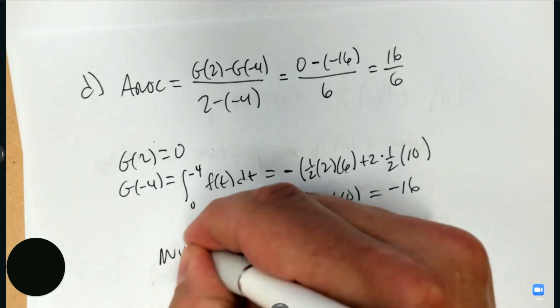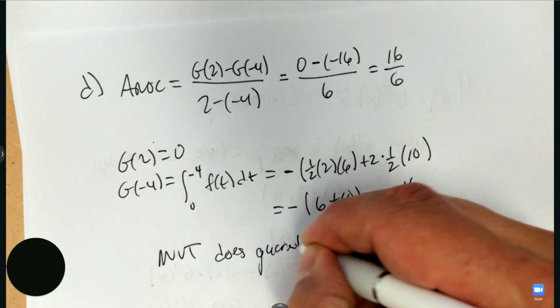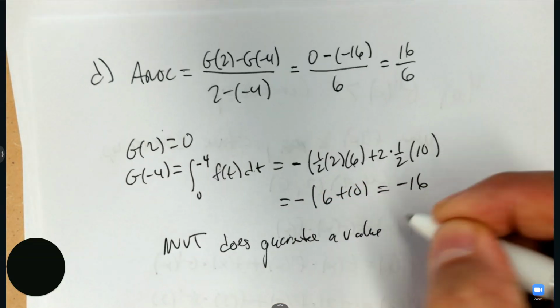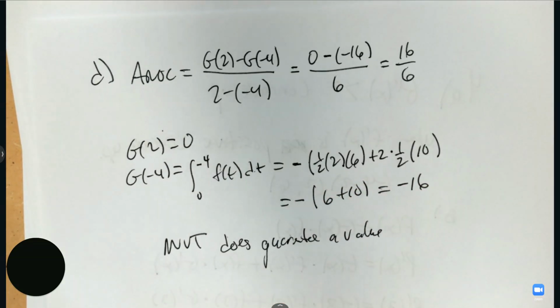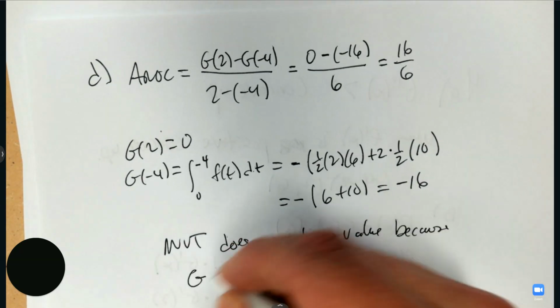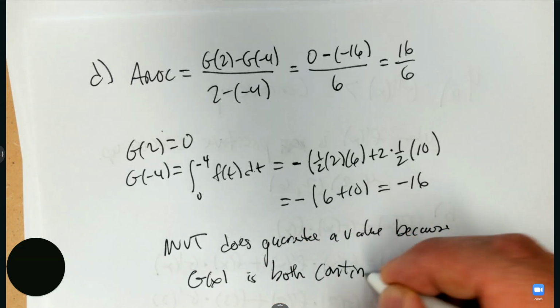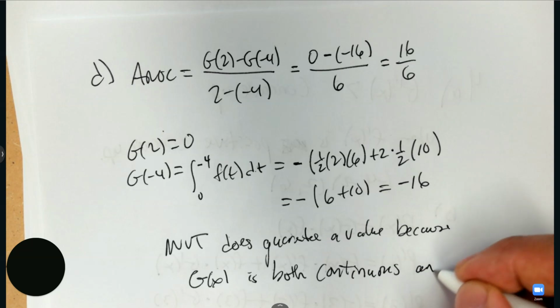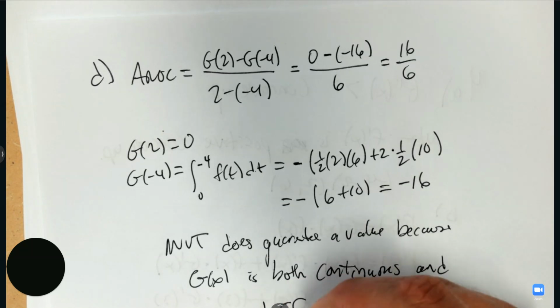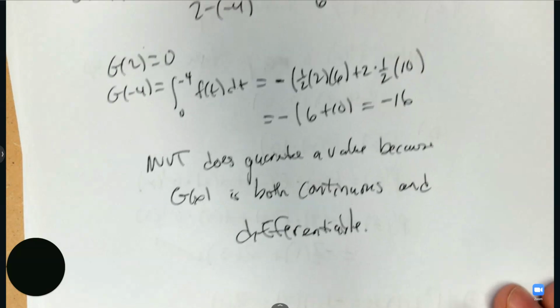So the mean value theorem does guarantee a value because g is both continuous and differentiable. That's the key. So you get a point for one and a point for the other. It always adds up to 9.